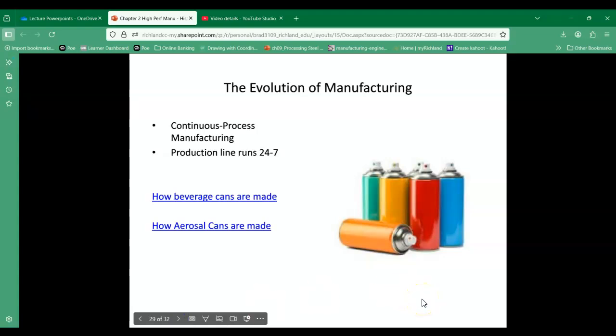So when we talk about continuous process manufacturing, those production lines basically are running 24/7.